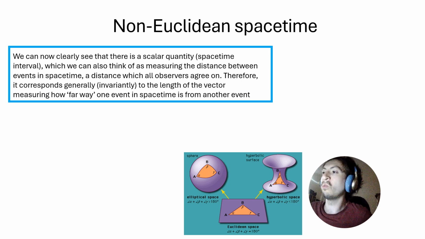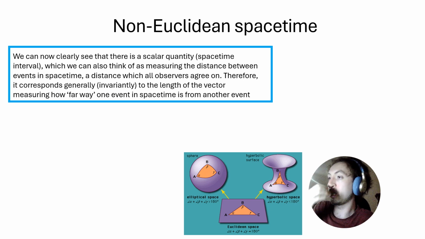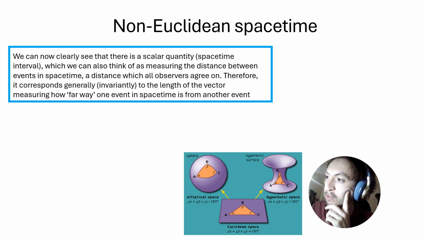Now, if we're talking about something that all observers will agree upon, no matter their reference frames, so no matter what coordinate systems of space or time they're using, providing they're not accelerating, then clearly the length of this vector is something that all observers agree on, no matter their own reference frames.